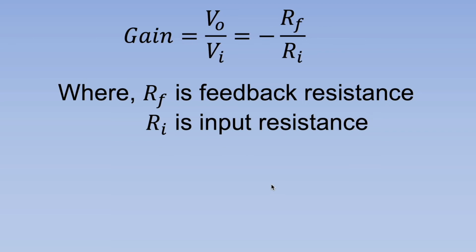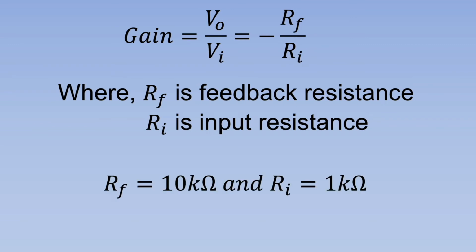So for gain, V out by Vi is equal to minus Rf by Ri. So V out by Vi is in general the formula for every gain. For our circuit, for inverting amplifier, Rf by Ri is the gain formula.